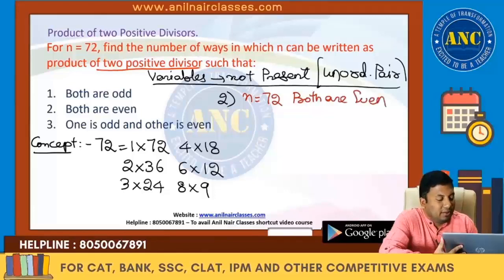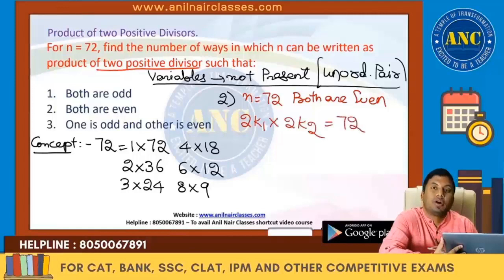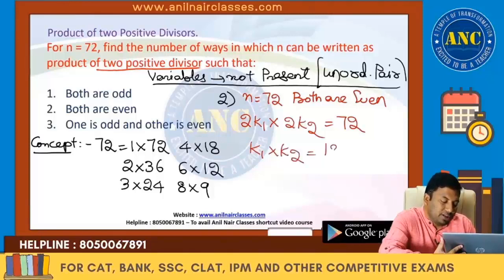Both are even numbers. That means first even number can be 2k1, second even number can be 2k2, and both even, equivalent to 72. I hope it is clear. k1 into k2 is 72 by 4, which is nothing but 18. 18 is nothing but 3 square into 2 power 1.